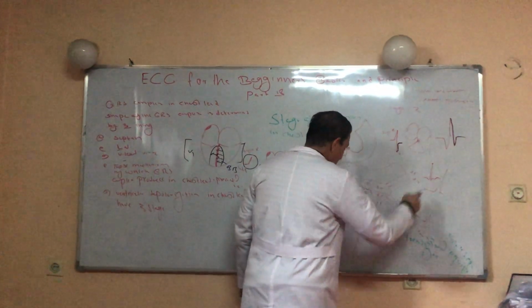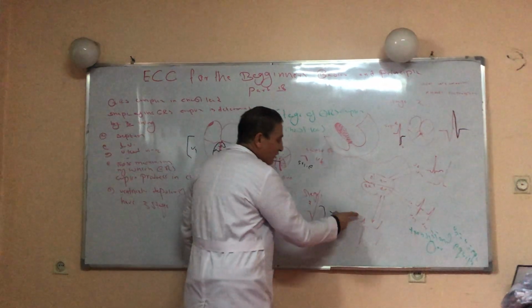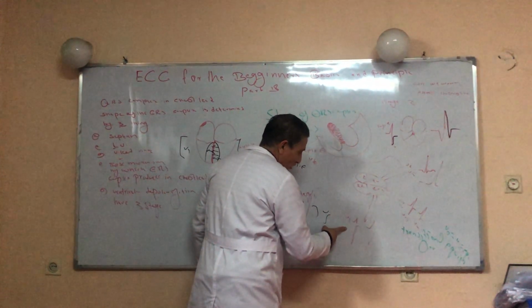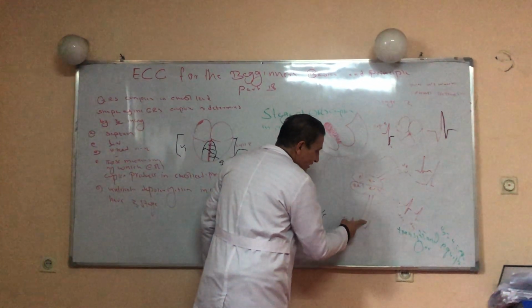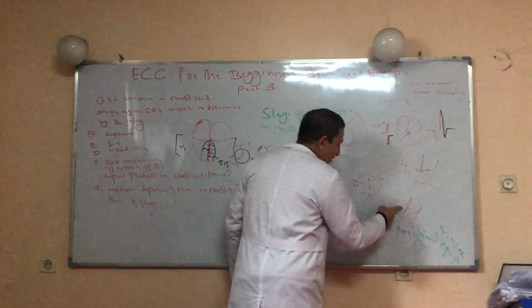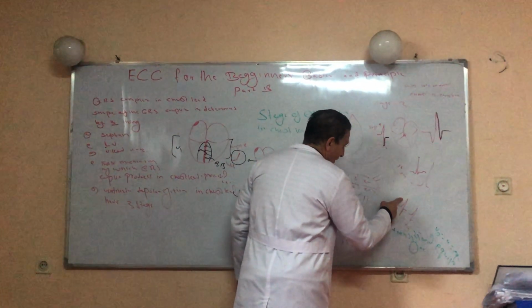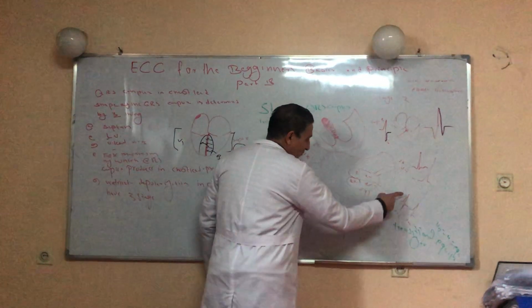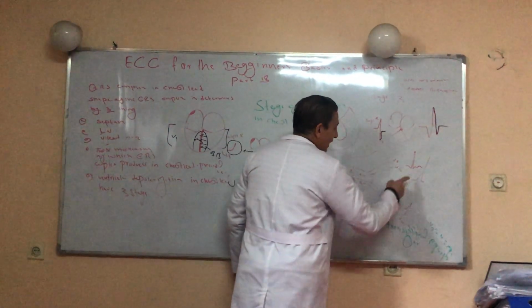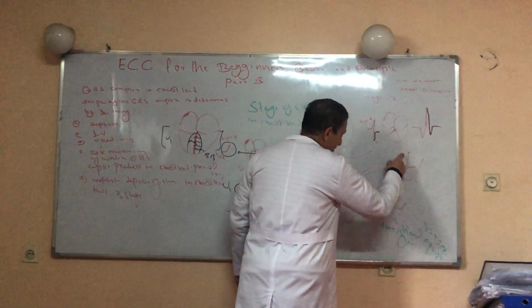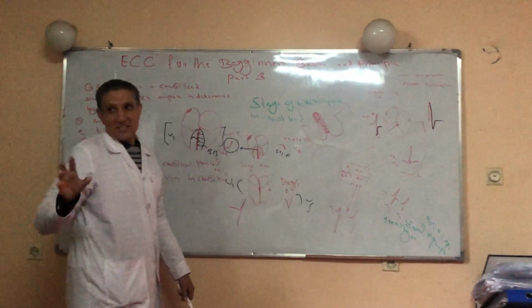So in V1 the S wave is smaller than in V2. In V2 the S wave is larger, in V3 they are equal, and the R wave may be larger in V4, and in V5 and V6 the R wave is quite a bit larger than in the other four leads.